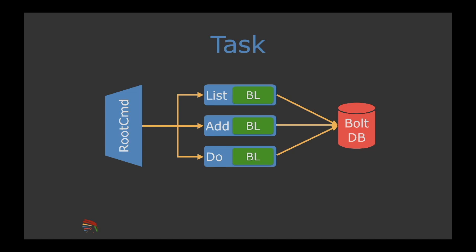So briefly, since this is a command line interface, it has a root command that is under the cmd package, and it has three other commands, which are subcommands of the application. Since the task application is going to be able to list the pending tasks, to add a new one, and to do one of the tasks that are in the list, it has a subcommand for each one of them. So it has the list command, the add command, and the do command.